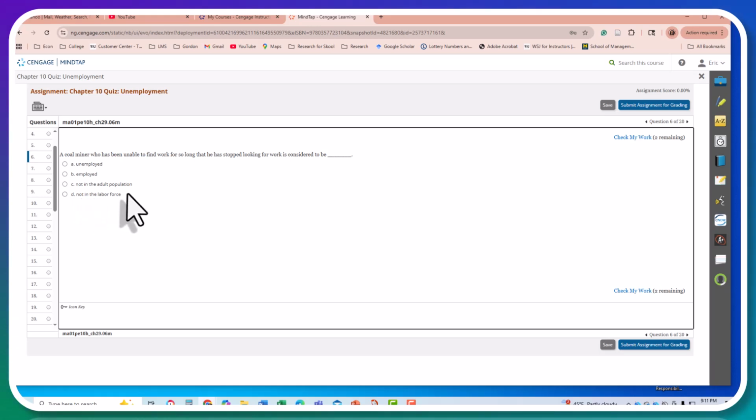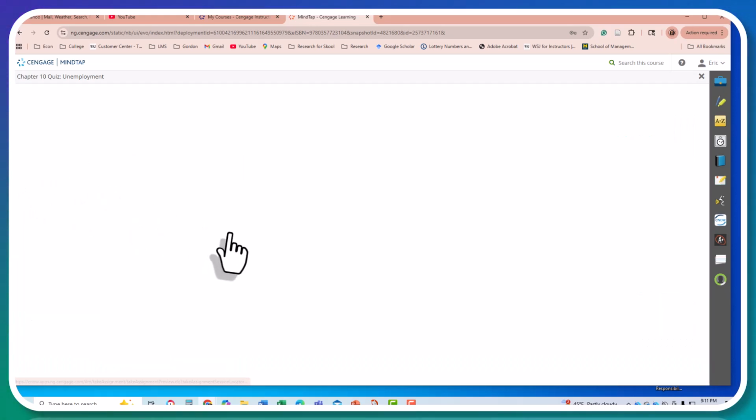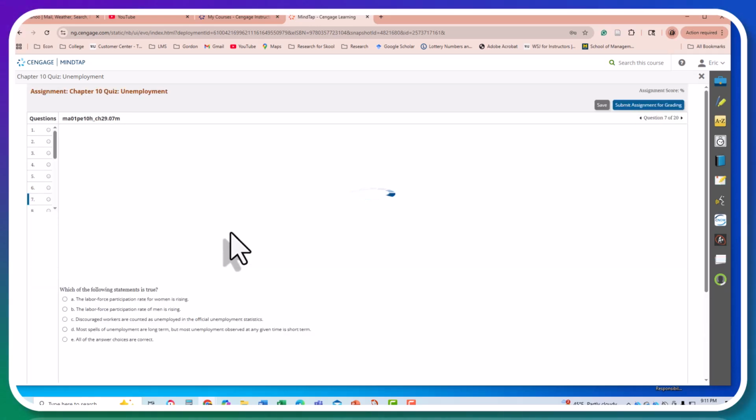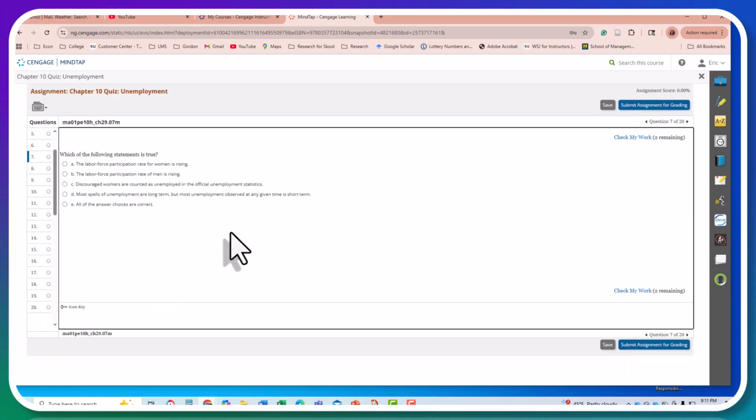He is in the adult population, or she. So they're not employed. It's either A or D. Which is true?